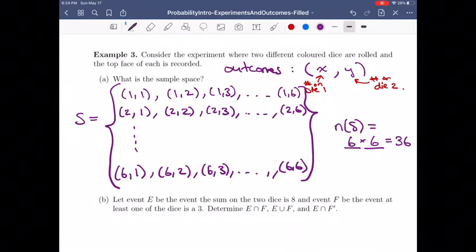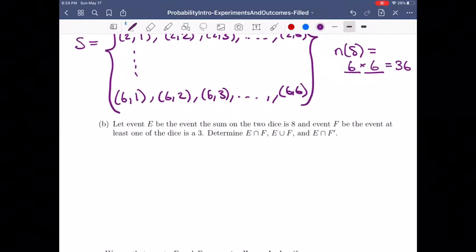Let's think about some events for this. Let E be the event that the sum on the 2 dice is 8, and F is the event that at least one of the dice is a 3. Because the events are just sets, in particular subsets of S, all the stuff we studied in chapter 1, the intersection, the union, and also complements, all still apply.